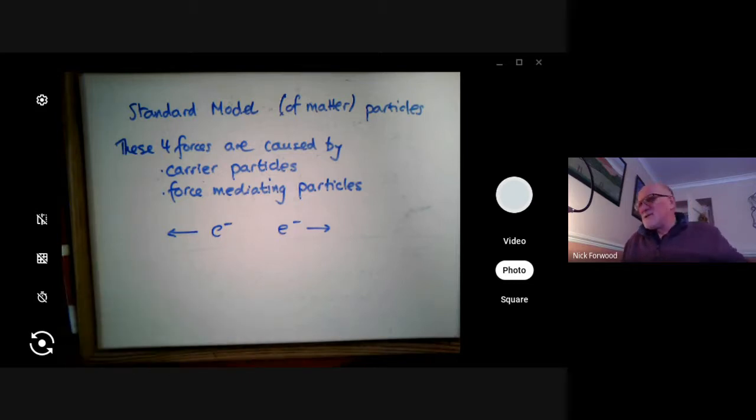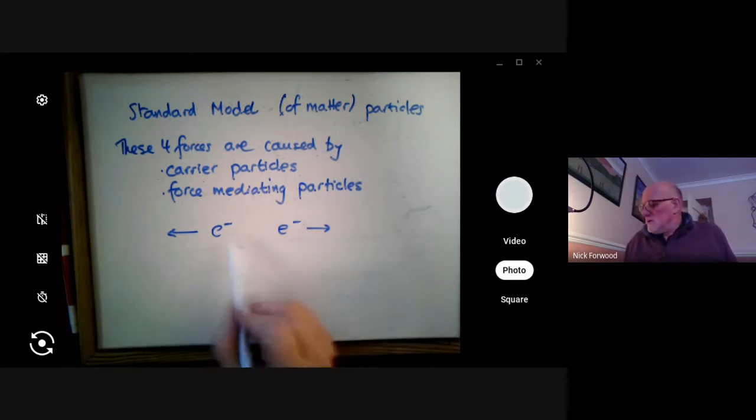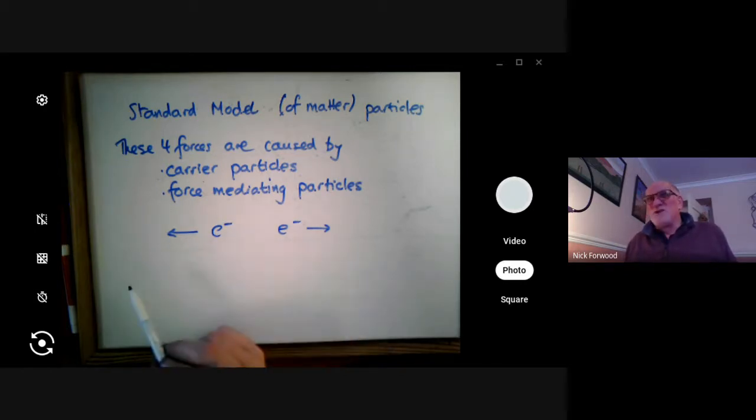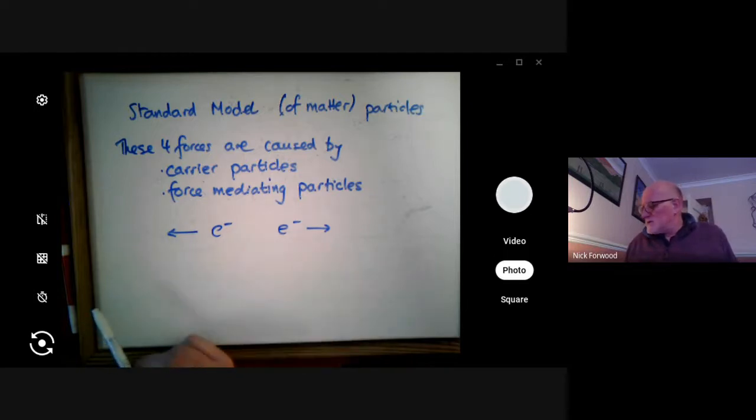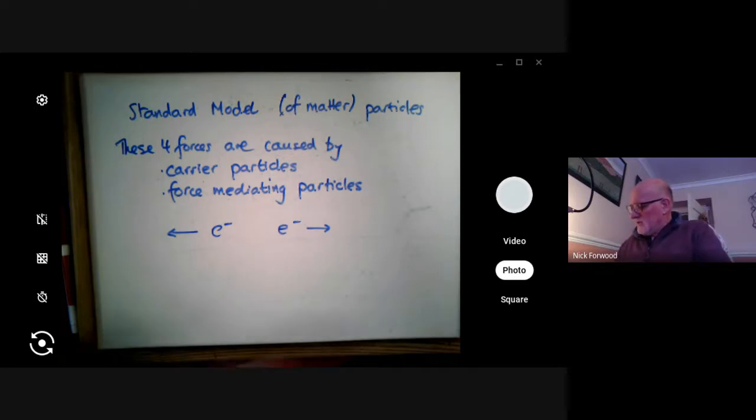Now, it might sound a bit weird, but if you think of force being a sort of energy field, if you like, then perhaps it's not a far step to realize that E equals mc squared, that these forces, this invisible energy stuff, can be translated into some sort of mass, into some sort of particle, into stuff.